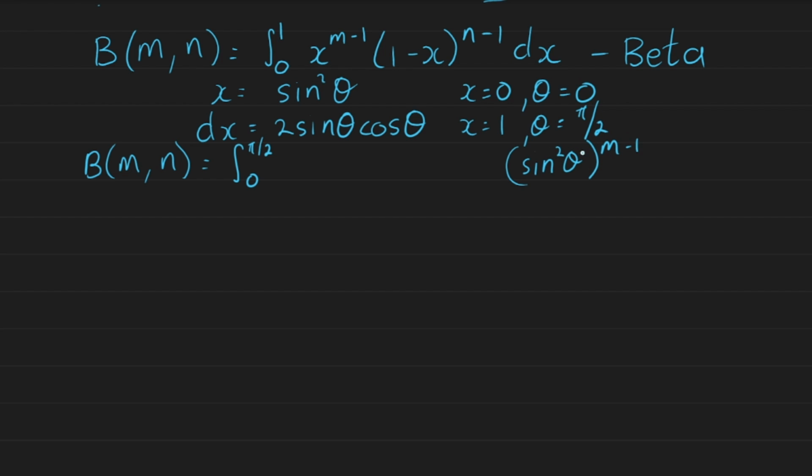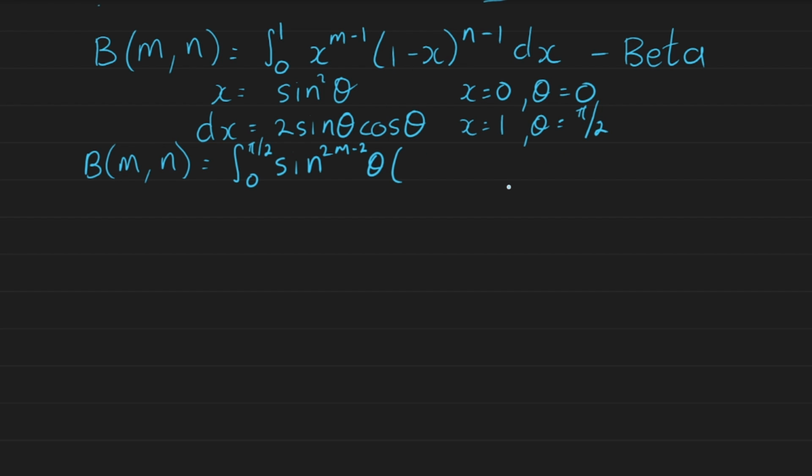So this sine squared, we can actually write with the 2 on the outside, raised to the power m minus 1. So we have to expand it out, so it's 2 times m, then minus 2. So we have sine to the power 2m minus 2, and this is with respect to theta. Now we have 1 minus x.